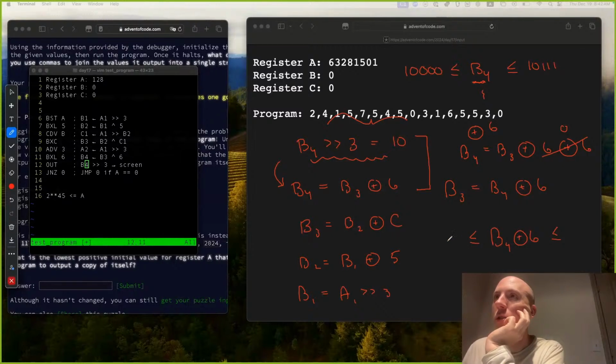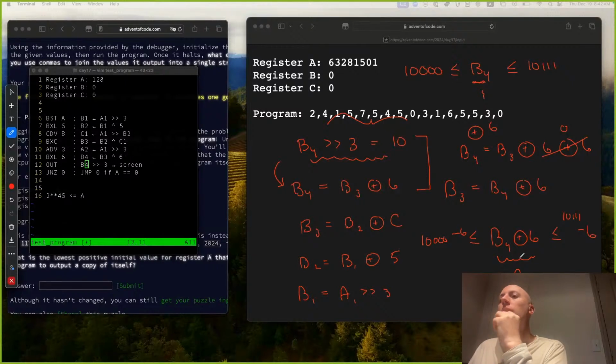So if it was the smallest possible, it would be this thing -6, and this thing -6. And this is B3. So B3 has to be in this range.